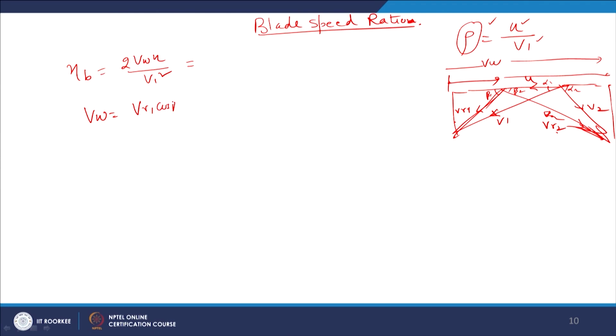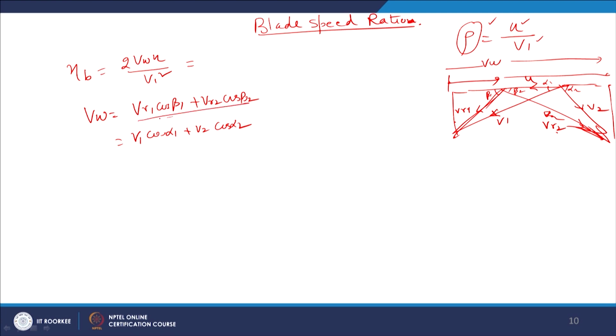Now this can further be modified, because VW you can always take as VR1 cos beta 1 plus VR2 cos beta 2, and it can also be taken as V1 cos alpha 1 plus V2 cos alpha 2, as we did earlier, either way.